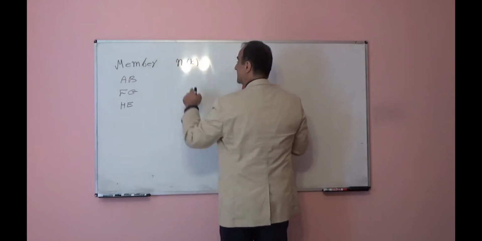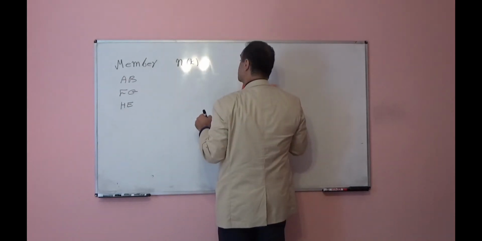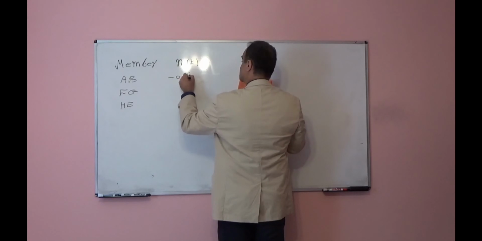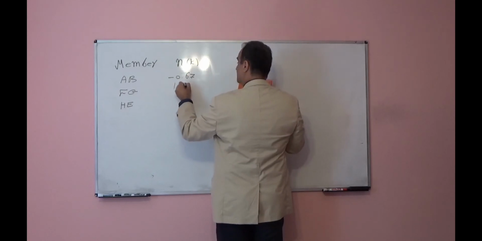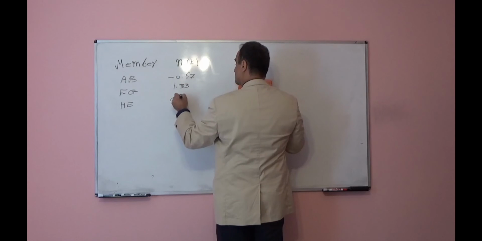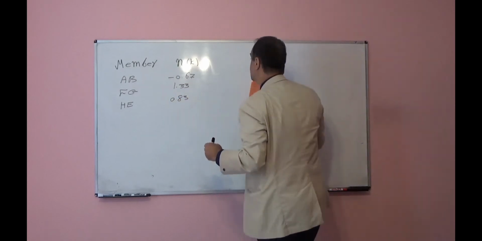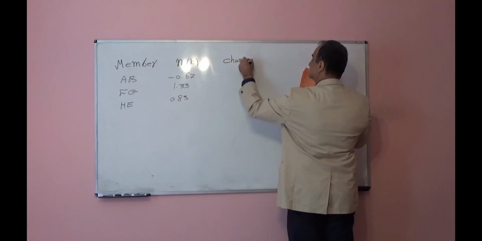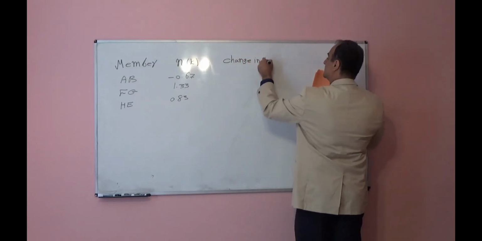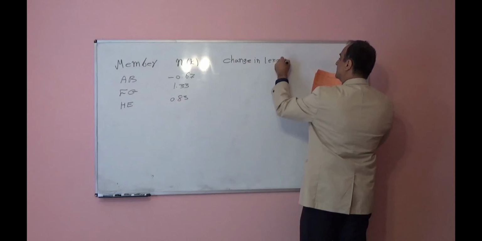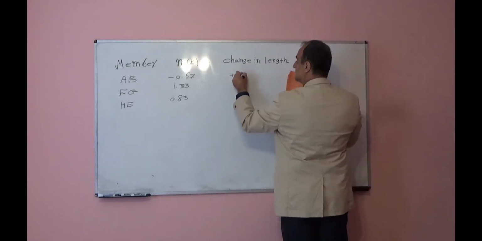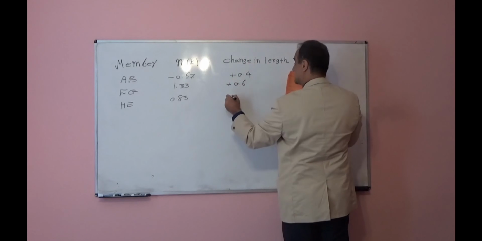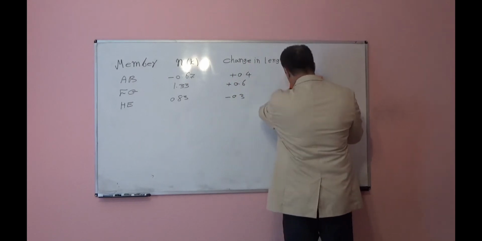Here you will write the force under virtual load at point G: negative 0.67, 1.33, 0.83. Here you will write the fabrication error, or change in length: positive 0.4, positive 0.6, negative 0.3.